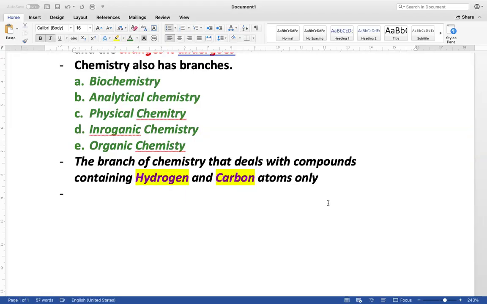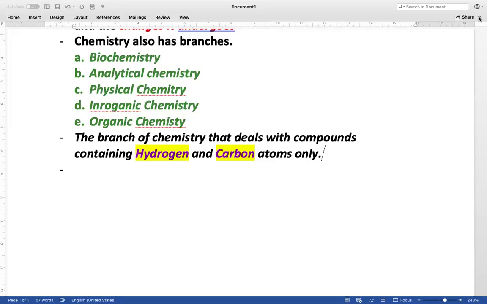But you also need to understand that when these compounds which contain hydrogen and carbon only react, they will form other compounds, and these compounds may contain other additional elements. Let me show you what I mean.